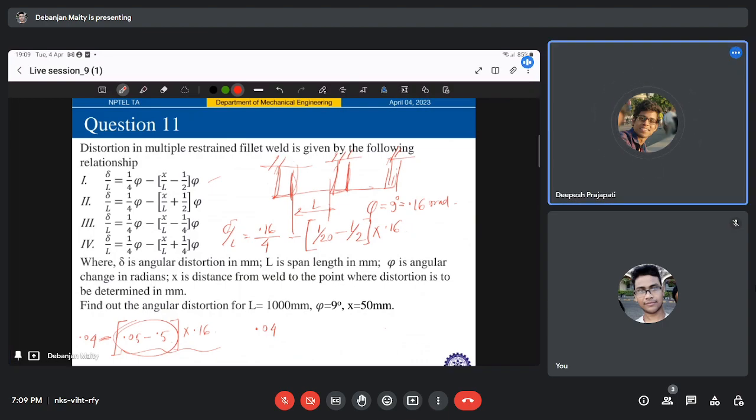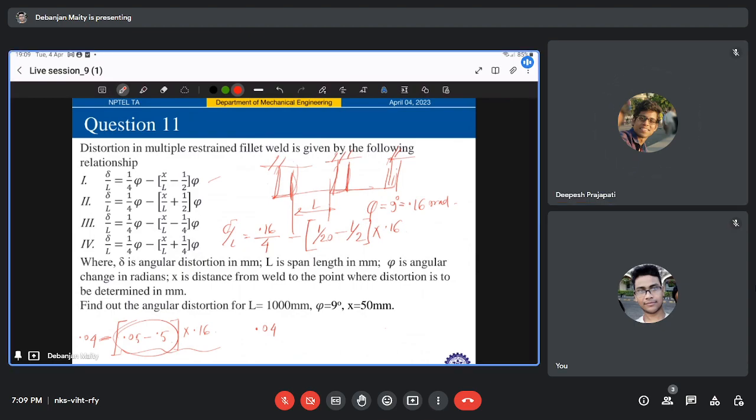Just let me check. 0.05 minus 0.5, this minus 0.45, that into 0.16, 0.072 plus 0.04. How much is coming for you? 0.112, that into L, 1000, 112, around that.